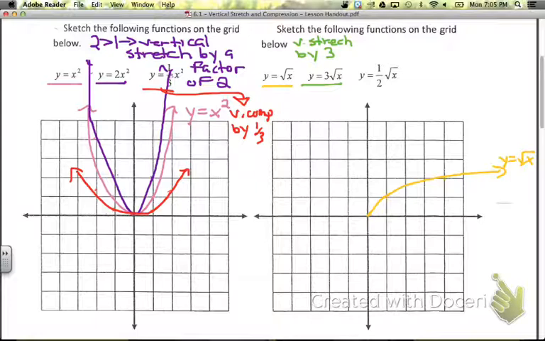So we multiply each of the y values by 3. The point (0, 0) is going to stay as is. The point (1, 1) is now going to become (1, 3). And the point here that's at (4, 2) will now become (4, 6), multiplying the 2 by 3.